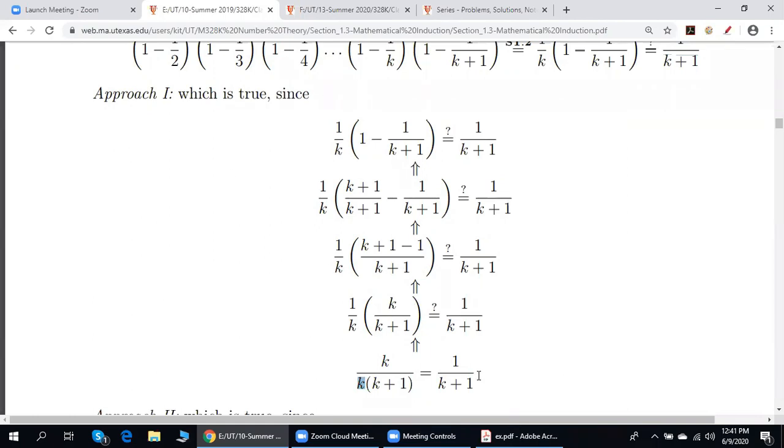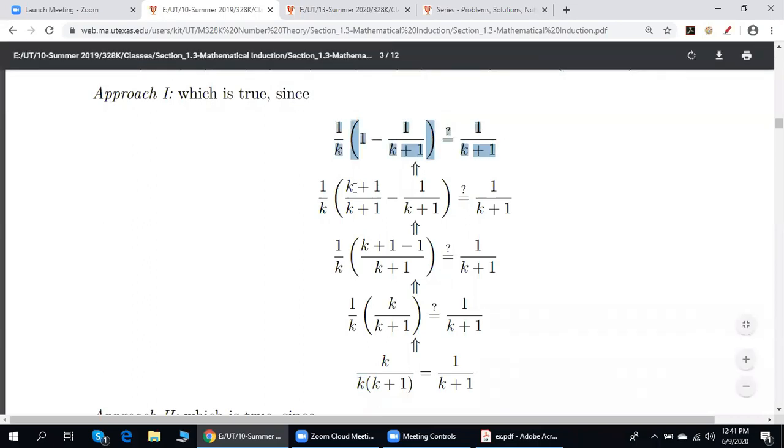But once again, here is what is important. After you apply all these steps, put arrows that point upwards. This does not imply this, because we want to prove it.